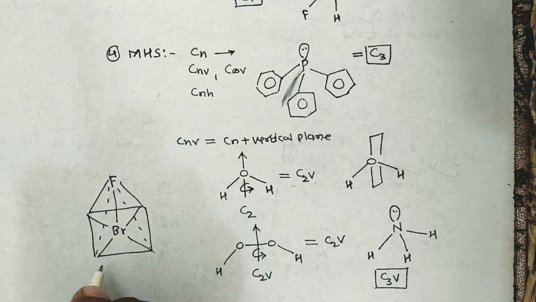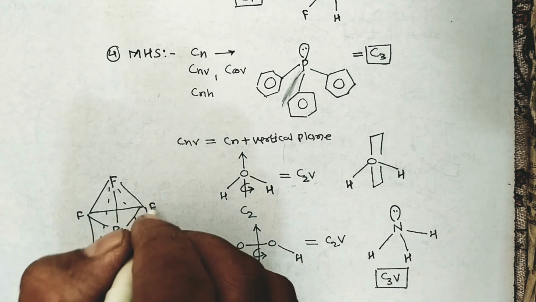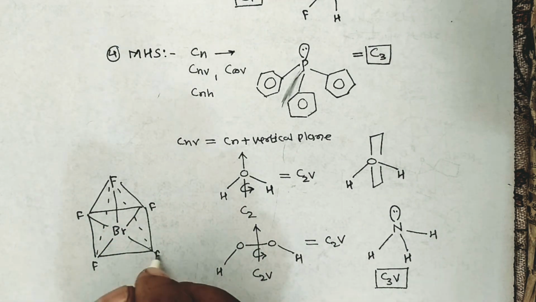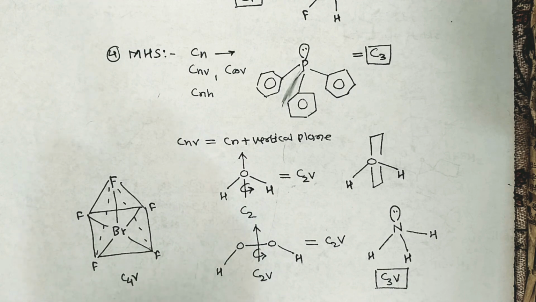Therefore, it has a C4 axis plus a vertical plane. So the point group is C4v.